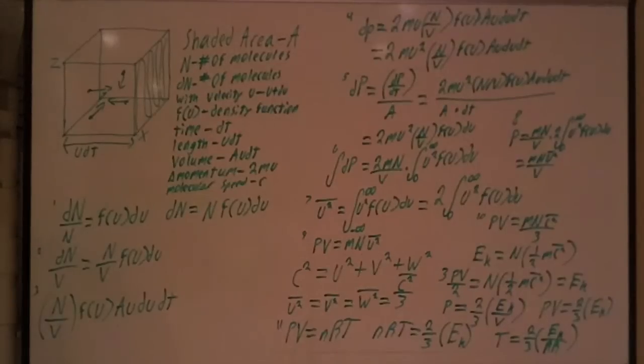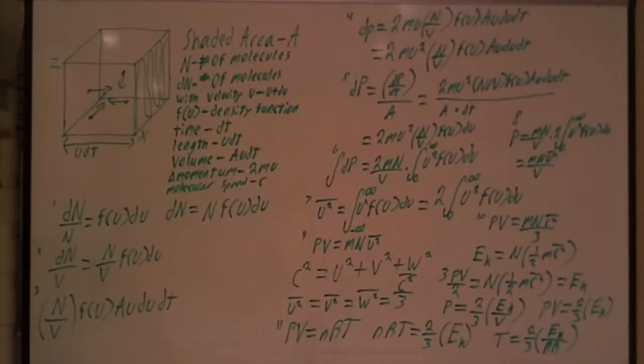That is because each of those molecules has a velocity of at least u, and they go through a certain time dt. u is velocity, or change in distance over change in time. So if we take this change in distance over change in time times time, we will obtain the distance, and therefore this is a length. So now if we take this length times the area, we will get the volume that these molecules go through, or in other words, A u dt.